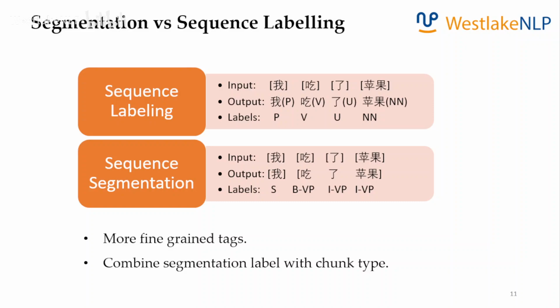So how do we solve the problem? We can still apply the segment and attach labels for this one. But this time, okay, let us make the labels more refined.